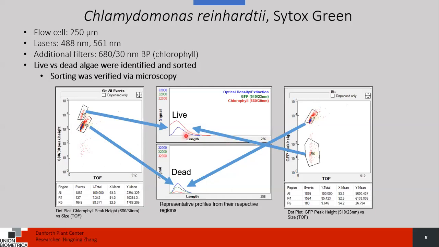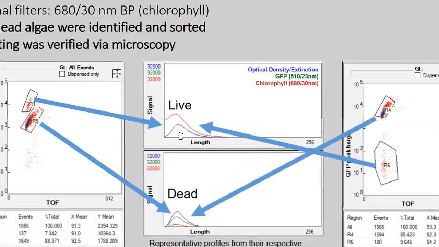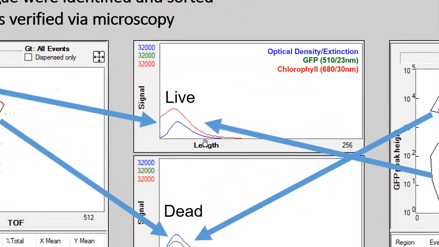When you take a look at a representative profile from one of these in this region, and it's the same profile as one of these in this region, you see that you have essentially no green fluorescence, but you have this red fluorescence through that chlamydomonas as it went through. And most likely from the chlorophyll at around 700.